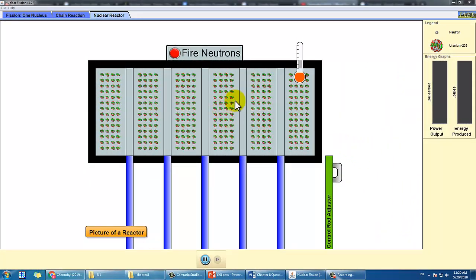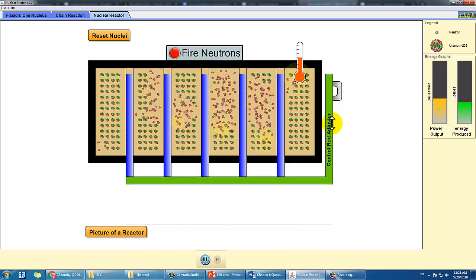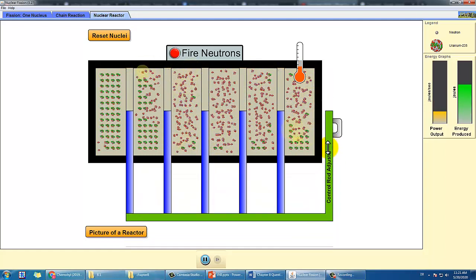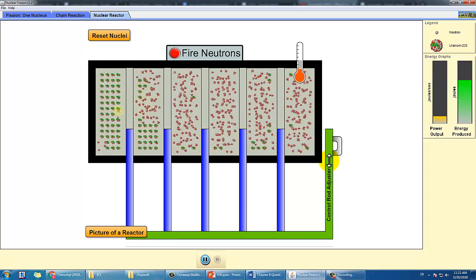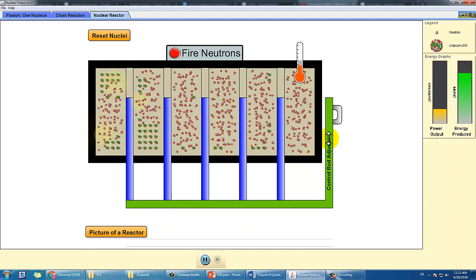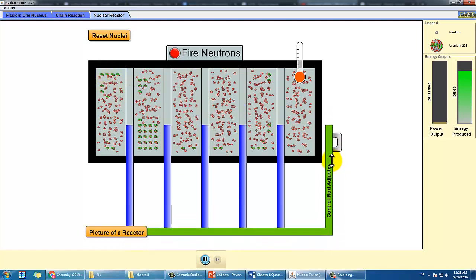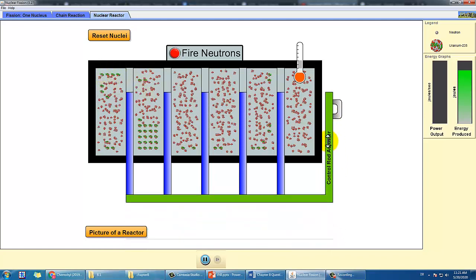Coming back to here, how can we actually control the temperature to prevent melting down? Let's take a look. When we fire the neutron, if we see the temperature go too high, we can use the control rod to lower the activity. Of course, in reality, it will be done by computer instead of a man playing some sort of mini game like me.